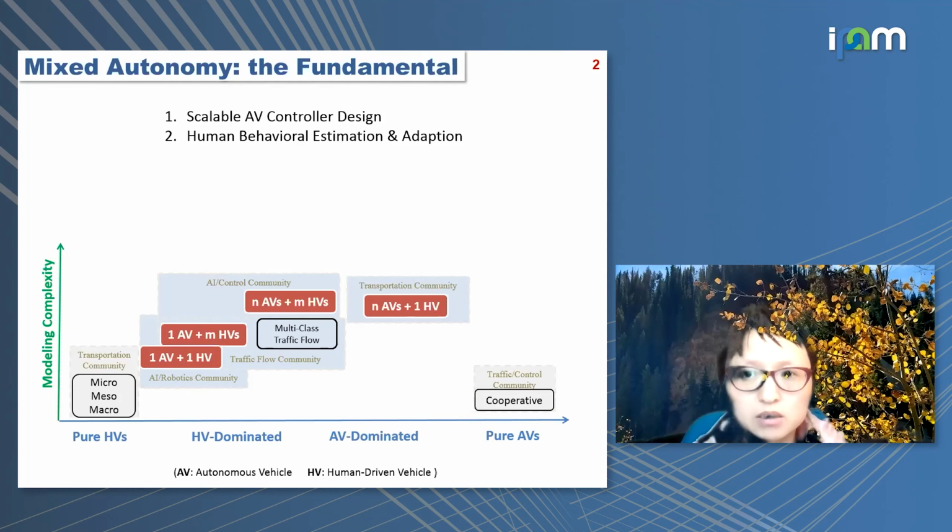I think Katie also provided a comprehensive tutorial on the human factor side, but I think this is an understudied topic. And the last one is how AV interacts with HV and how we can characterize such interaction and then understand the microscopic and aggregate pattern of this interaction.